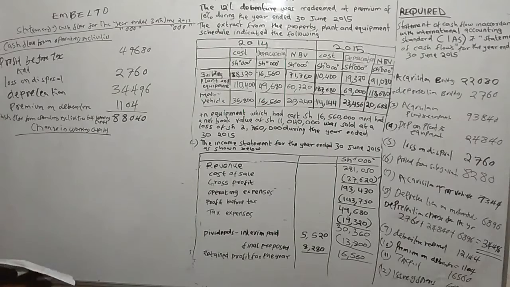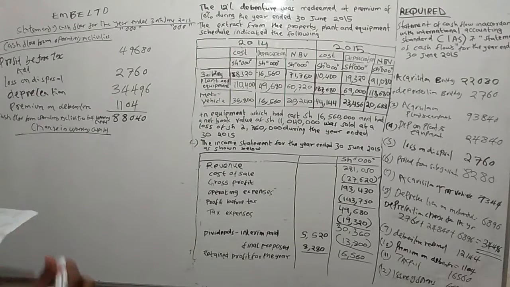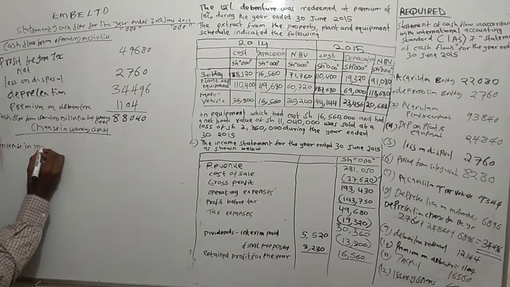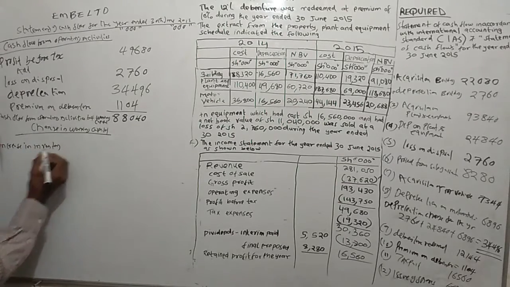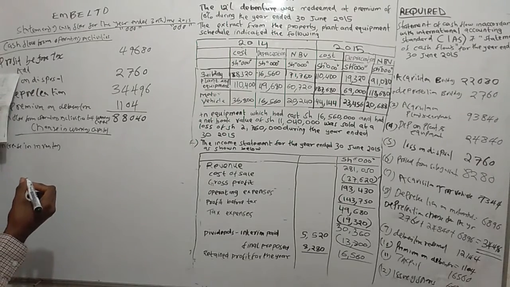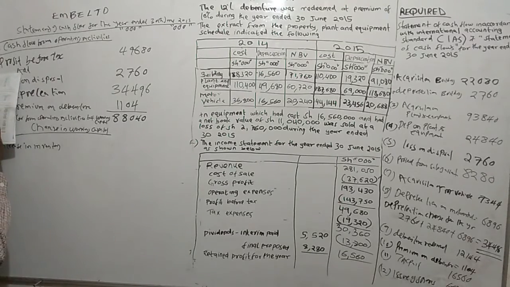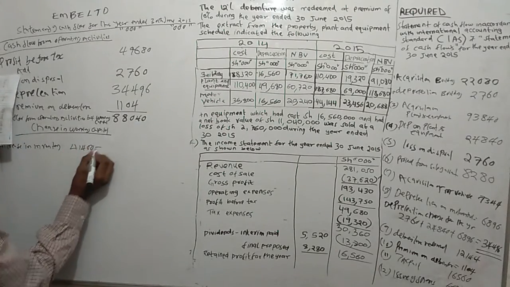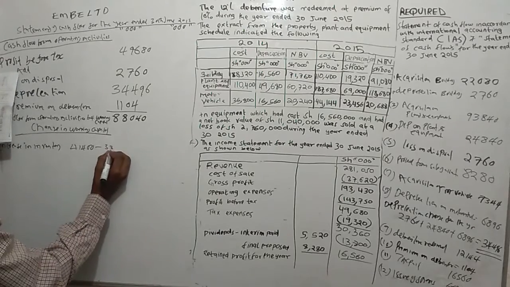Now let's start with the current assets. We are having inventory. Remember, inventory has increased from 33,120 to 41,400. So we say increase in inventory. We take 41,400 subtract 33,120.